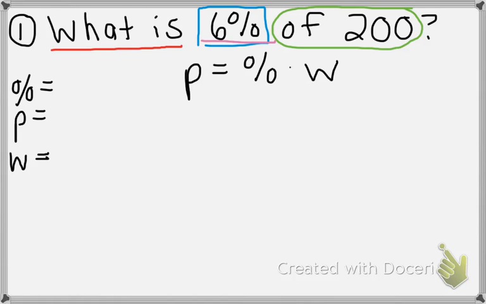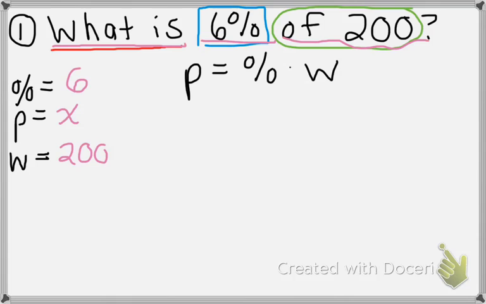Part, what is? Do we know? No, so we're going to put an X. Whole, of 200. Of, that's the clue word for whole. So whole is going to be 200.